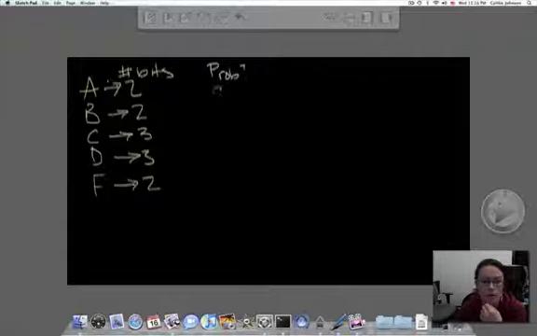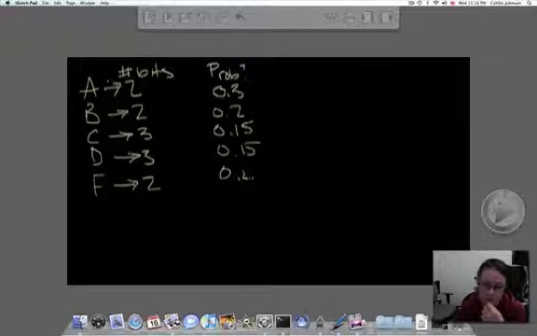So the probabilities, and the number of bits, and the probabilities were 0.3, 0.2, 0.15, 0.15, and 0.2. So let's do our formula in a different color.